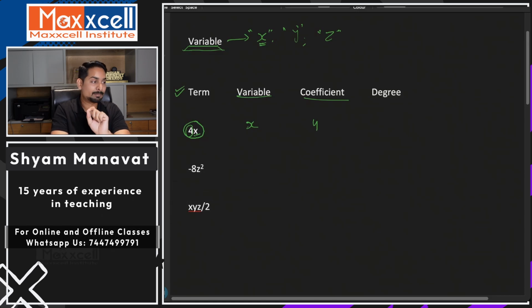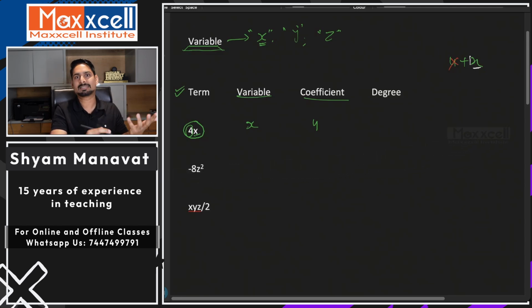Okay, so the number which is in multiplication with the variable. Suppose if I say 4 plus x, so here I cannot say 4 is the coefficient. What is the coefficient? A number which is with variable or in multiplication of variable. So here x's coefficient will be 1, because you don't have anything which is in multiplication of x.